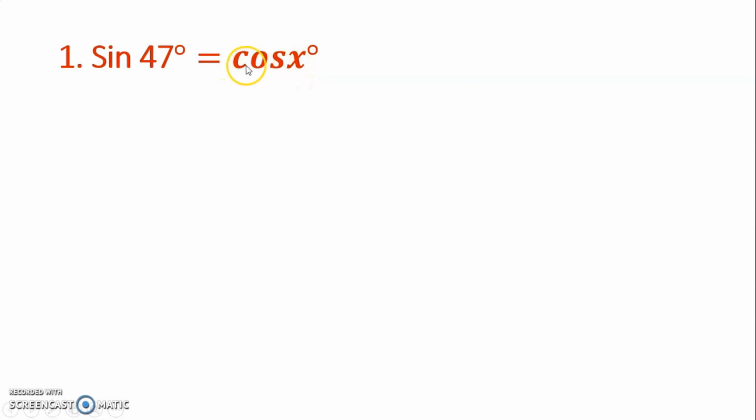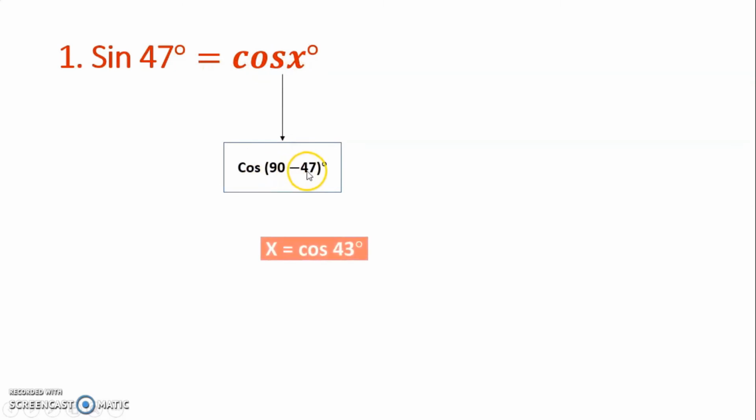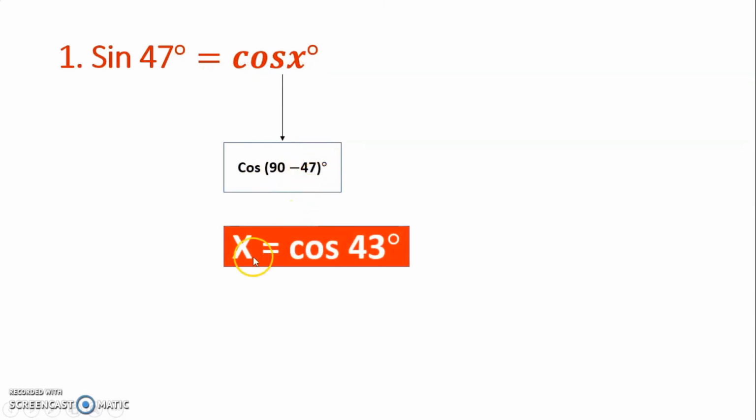Now, since cosine is the complement of sine, to find the complement of sine 47 degrees, we are going to subtract 47 from 90. So what we are going to have will be cos 90 minus 47 degrees, which is equal to cos 43 degrees. So our x is equal to 43 degrees.